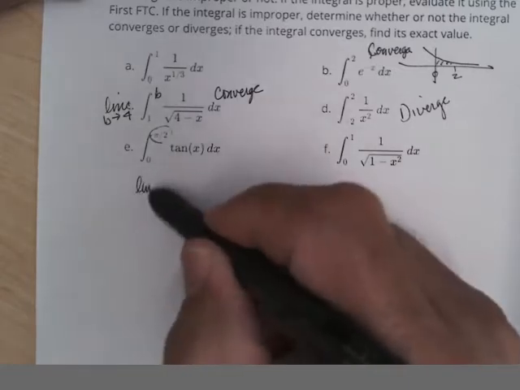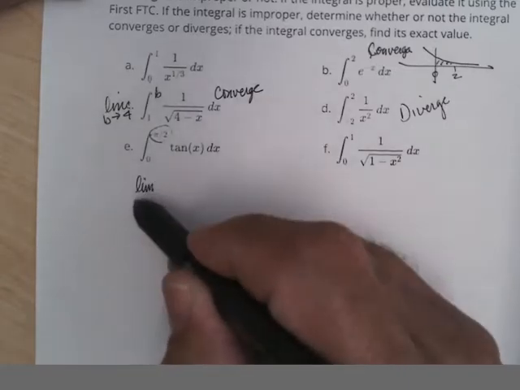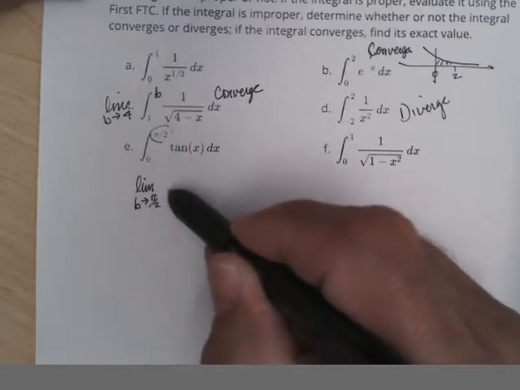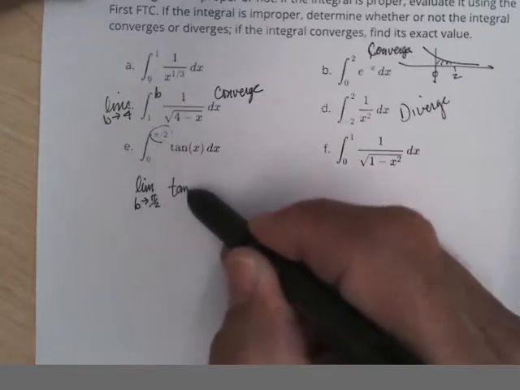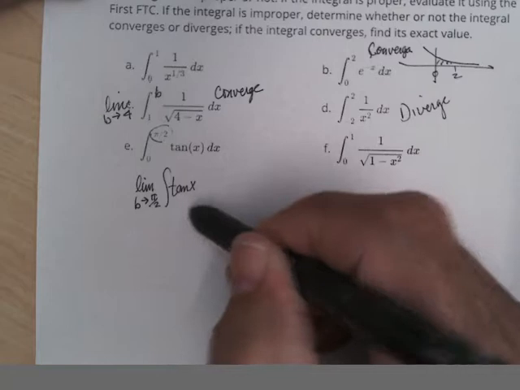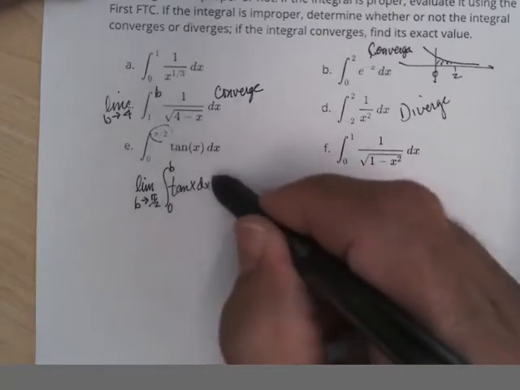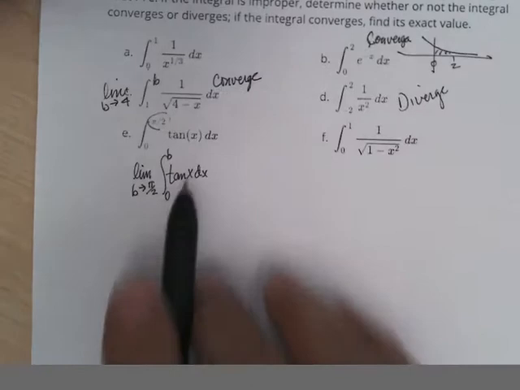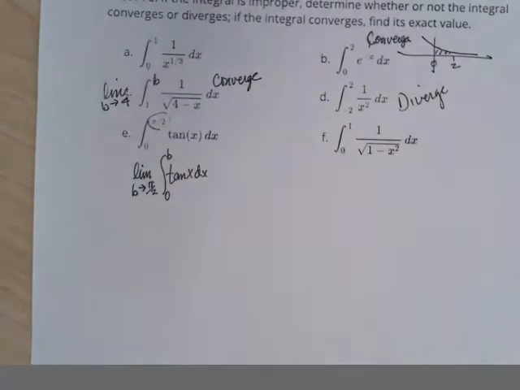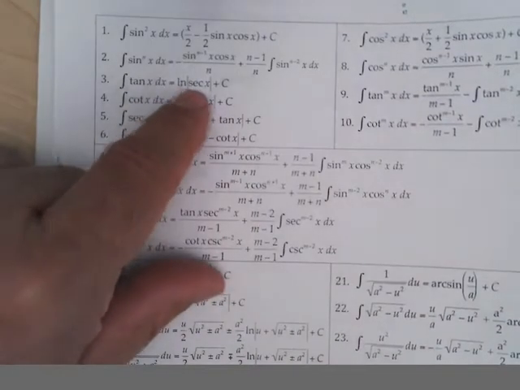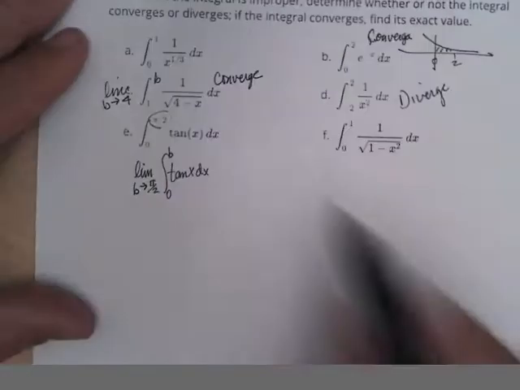So we have to go limit as b approaches pi over 2 of tangent of x integrated from 0 to b dx. And the antiderivative of tangent is, pulling up my sheet here, the natural log of secant.